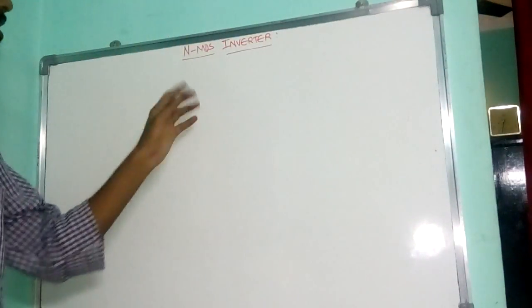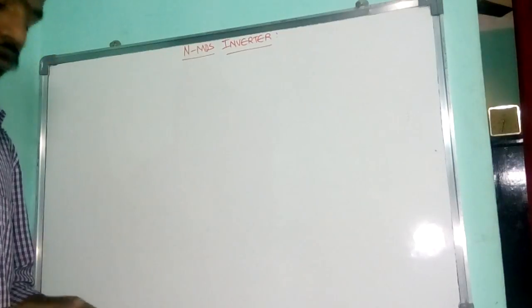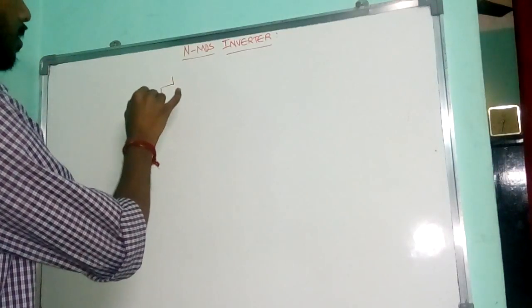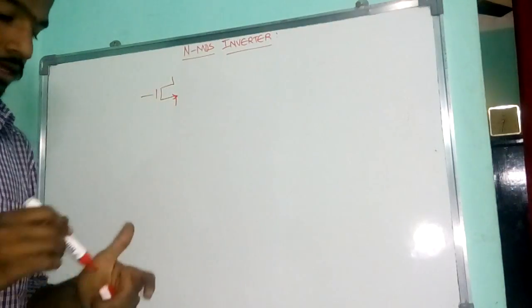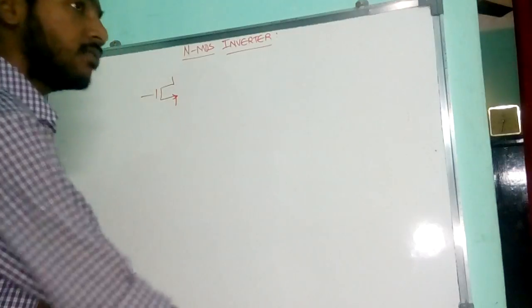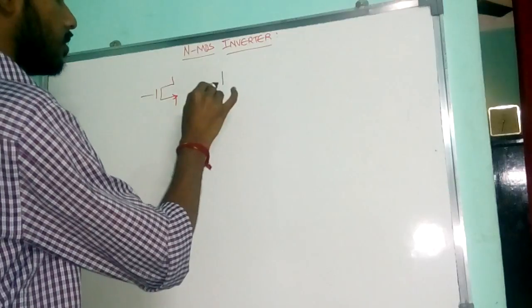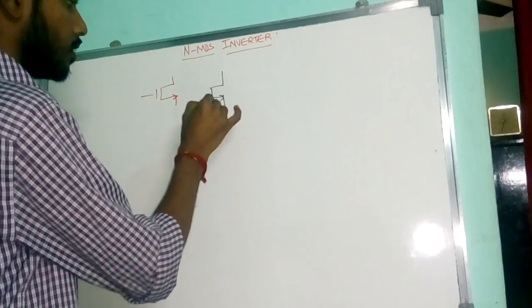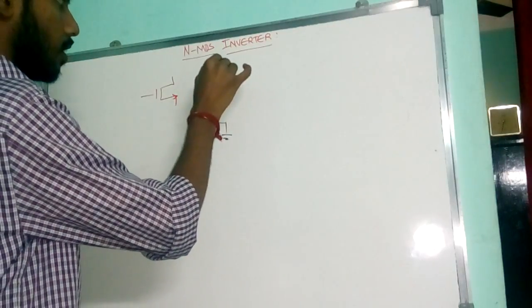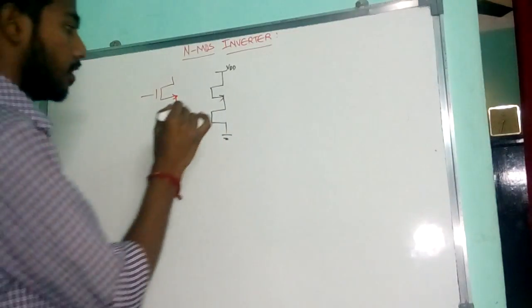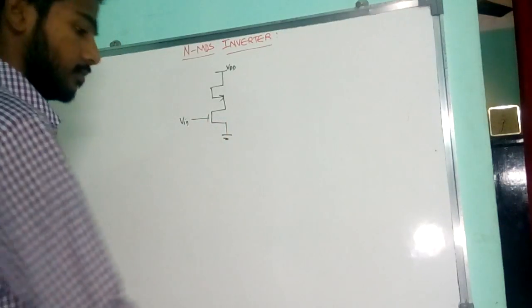Hi friends, in this video we're going to see what an NMOS inverter is. This is my NMOS, right? This NMOS inverter has two MOSFETs connected in series, but with different modes.